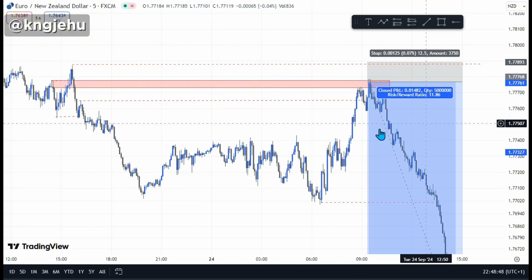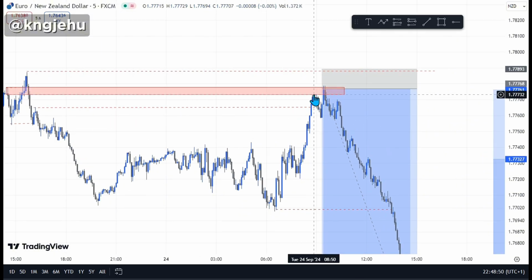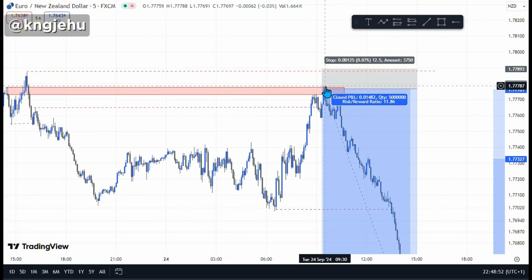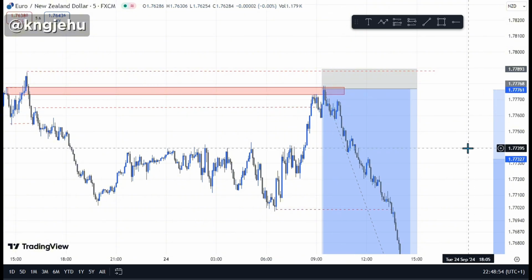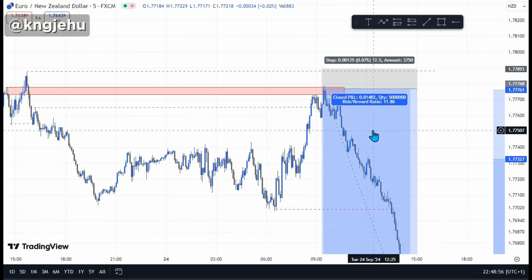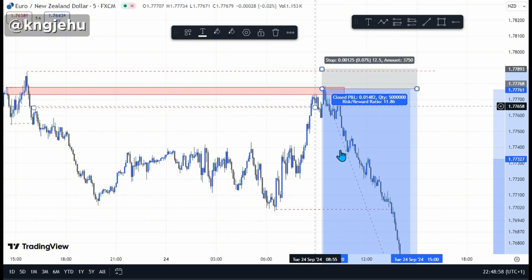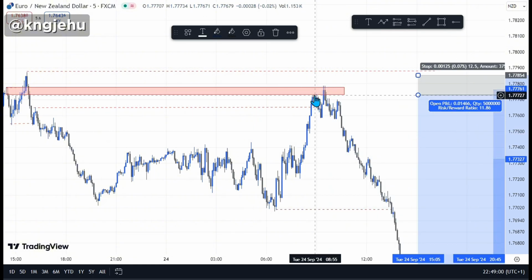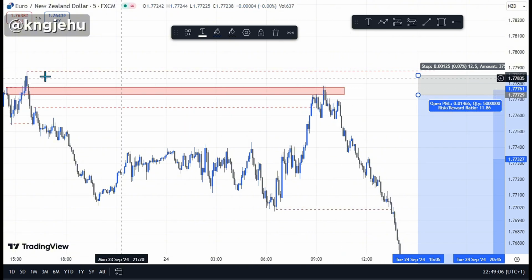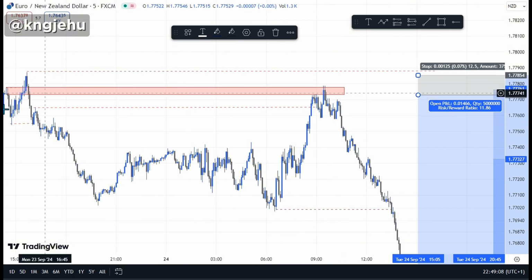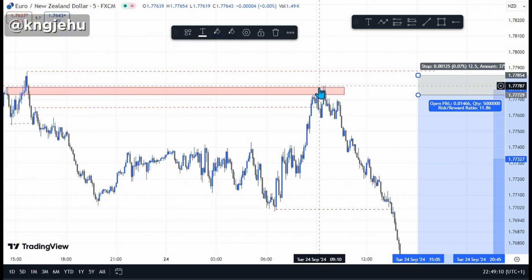And as you can see, we have our left shoulder, our head, and our right shoulder all forming alongside this QMR that we have highlighted, this failed order block that is about to be respected.